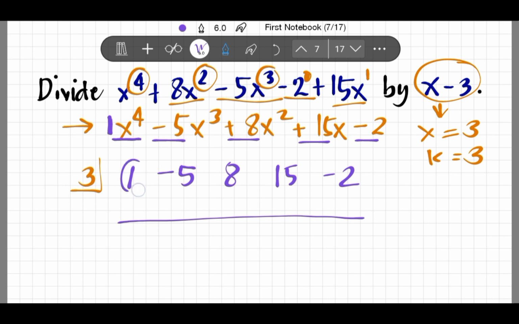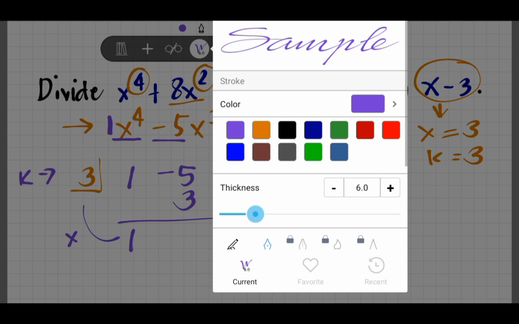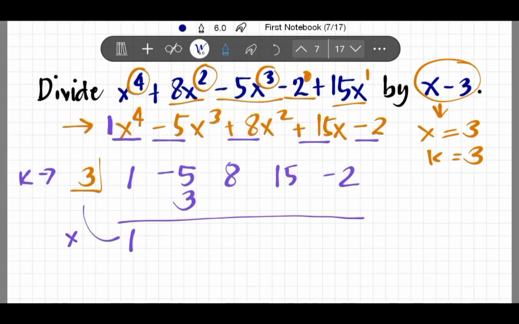Okay? So, let's bring down the leading coefficient. The leading coefficient is 1. So, we need to bring it down. So, let's put 1 here. And multiply 1 and the k or 3. So, this is your k. Multiply 1 and the k or 3. So, you have 3. And then, after that, you add negative 5 plus 3.